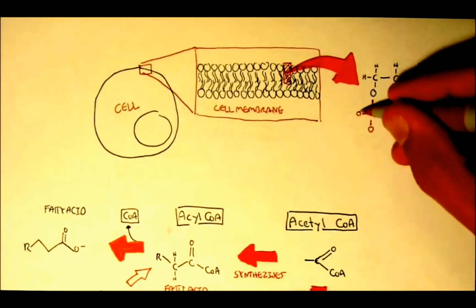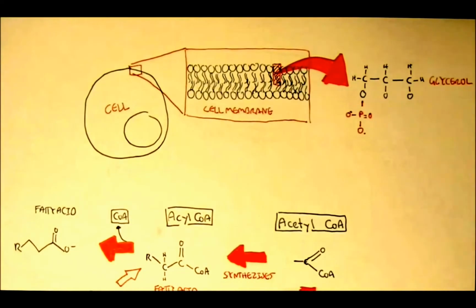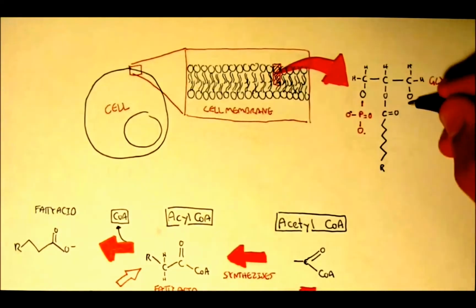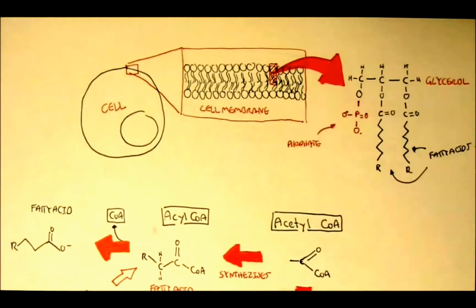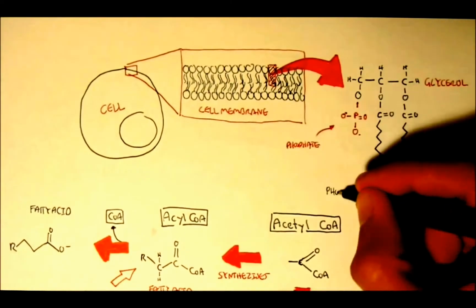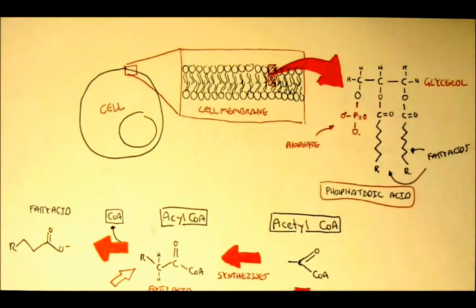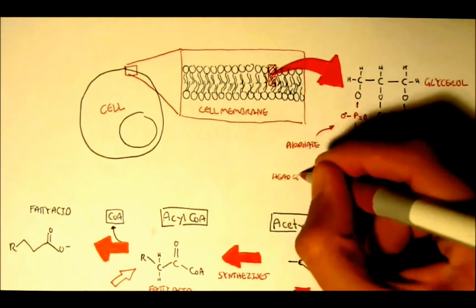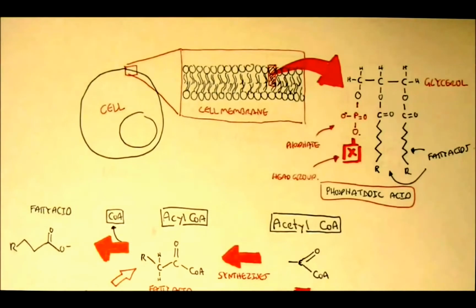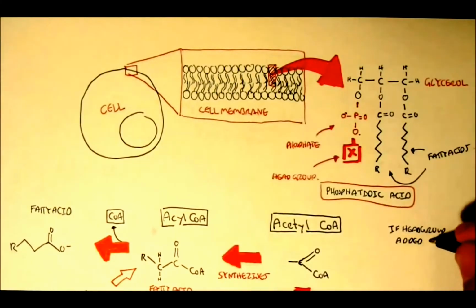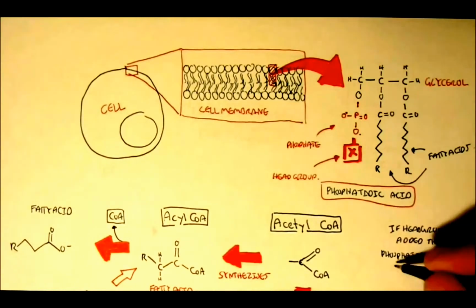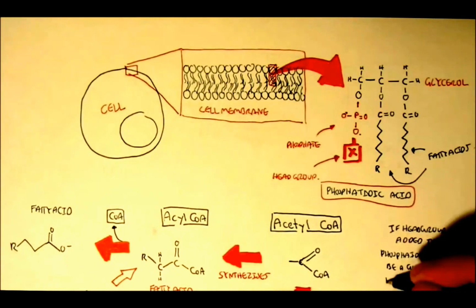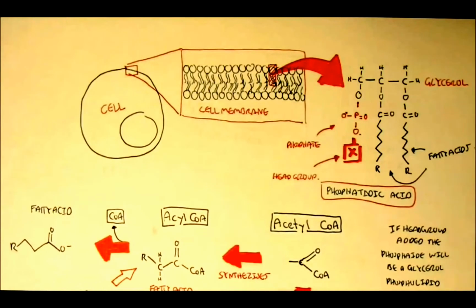And on the first and second carbons are ester bonded fatty acid chains. Now, this constitutes a phosphatidic acid, but if we add another group to the phosphate, it may change the charge of this lipid. And so with the head group, this is now known as a glycerol phospholipid. Interesting.